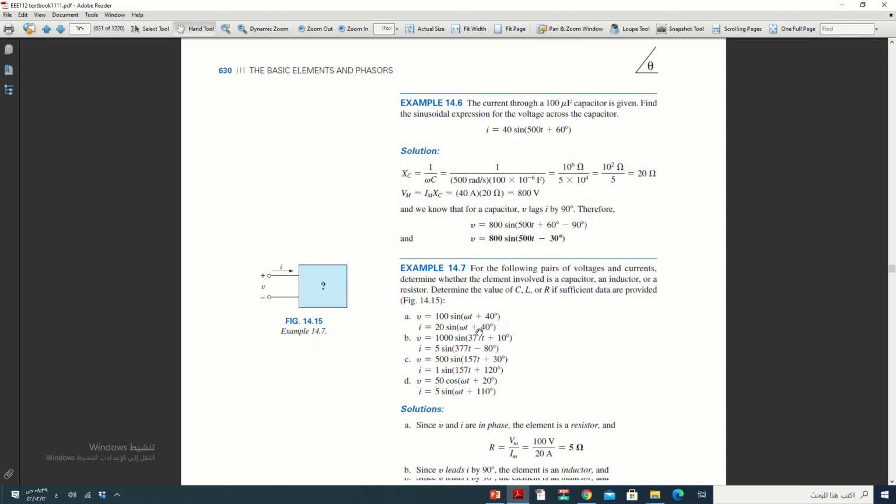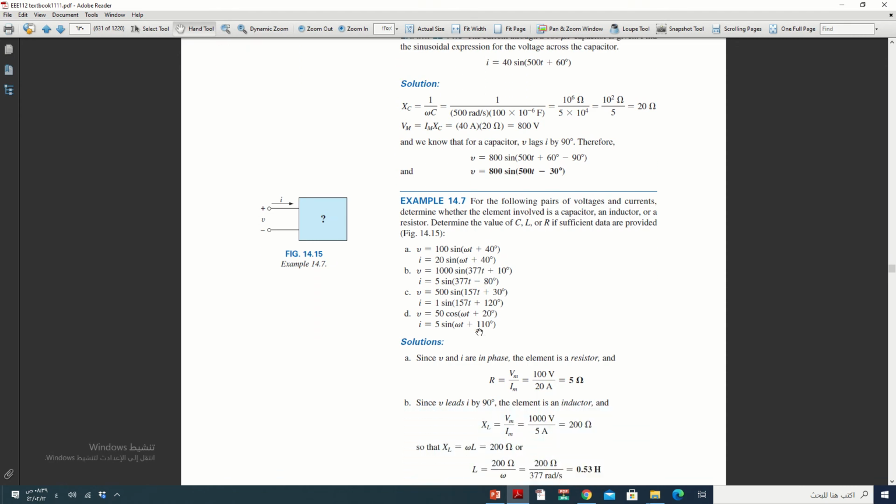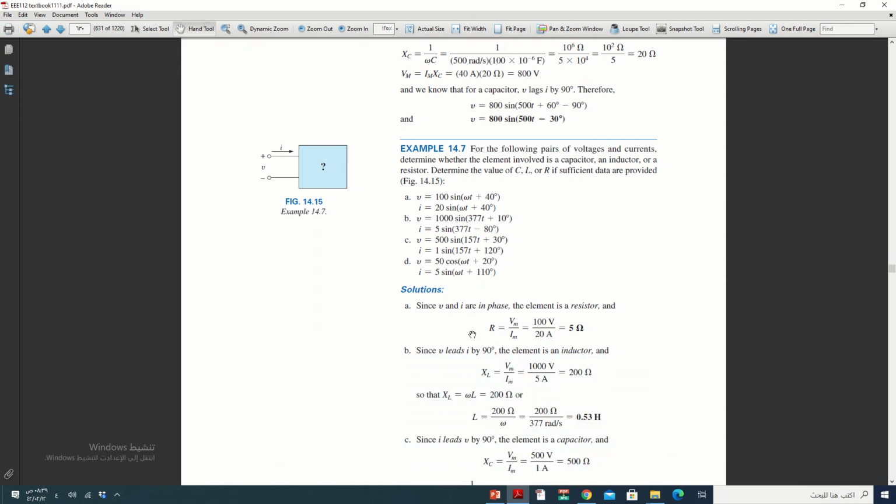Okay, try to solve 14.6. Let us take some parts from 14.7. For the following pairs of voltage and current, determine whether the element involved is a capacitor, an inductor, or a resistor. Determine the value of C, L, or R if sufficient data are provided.